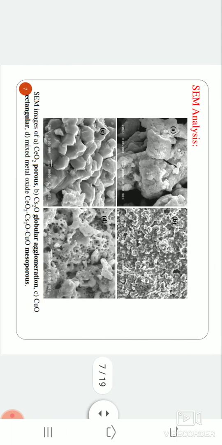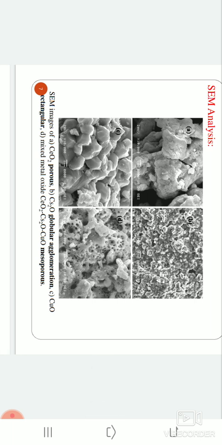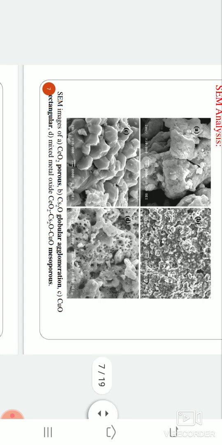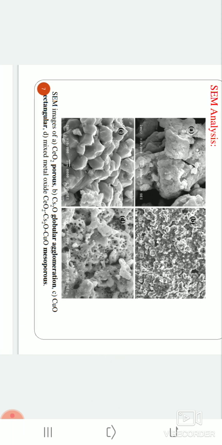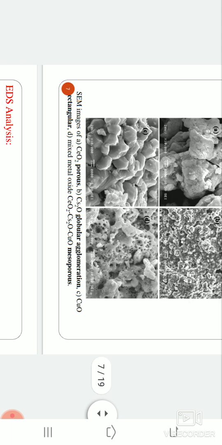After that, we take scanning electron microscopic analysis of our prepared catalytic material and observe that in this image, cerium oxide is porous in nature, cesium oxide is a globular agglomeration, and copper oxide is rectangular in shape, and the mixed metal oxide is mesoporous in nature. This means our catalytic material is mesoporous.